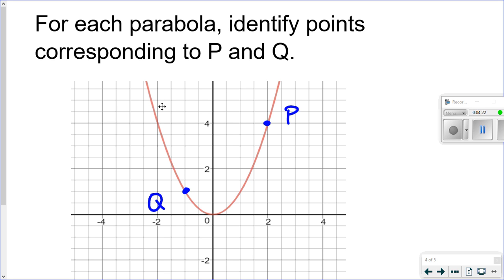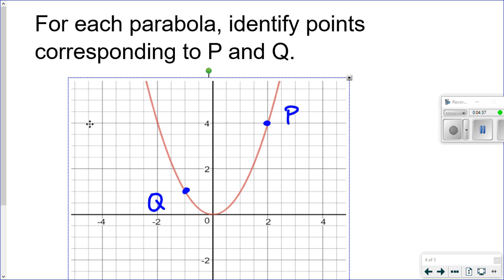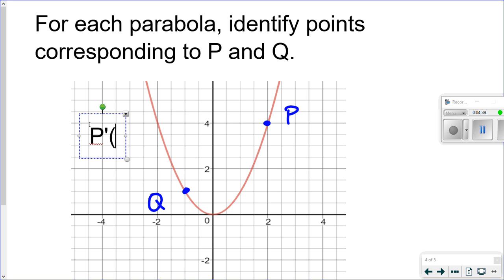Because our quadratic equations are symmetrical, since P is 2 units away from my axis of symmetry, P prime, its corresponding point, is also going to be 2 units away from the axis of symmetry. So we'll say P prime is negative 2, 4.